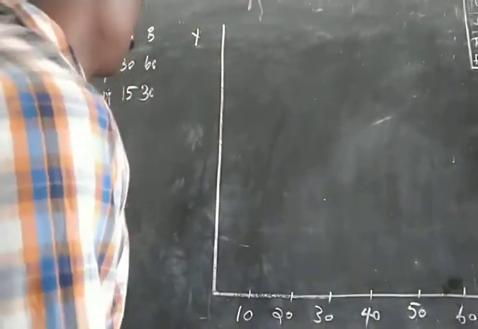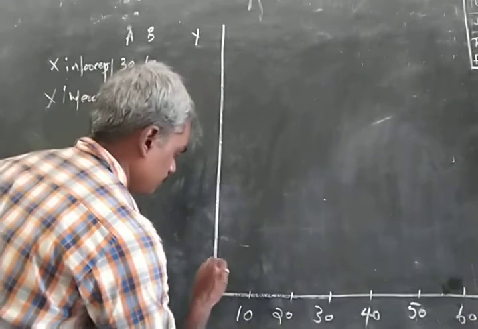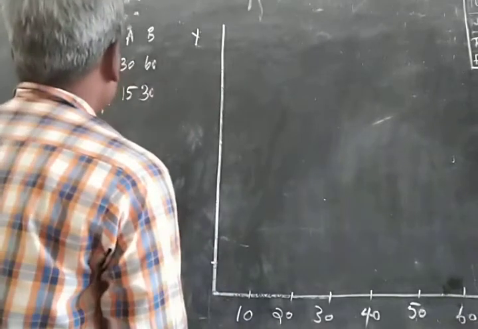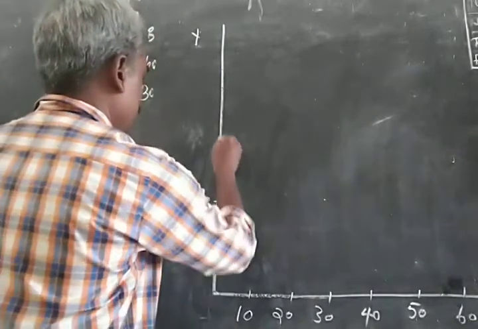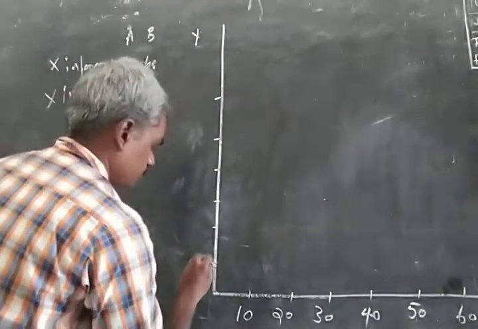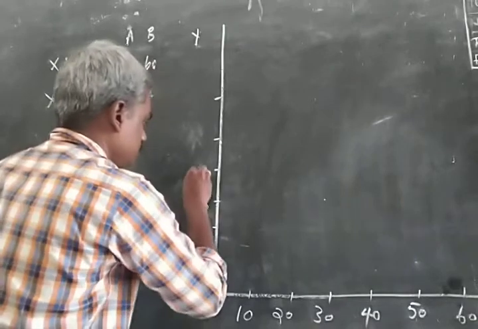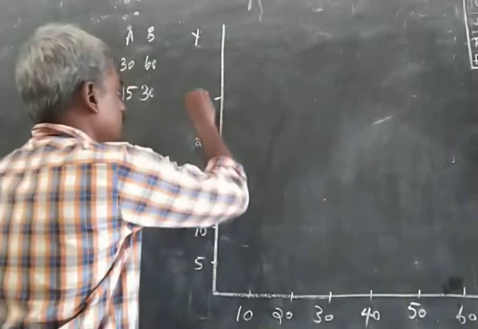On the y-axis, similarly, we have 5, 10, 15, 20, 25, and 30.